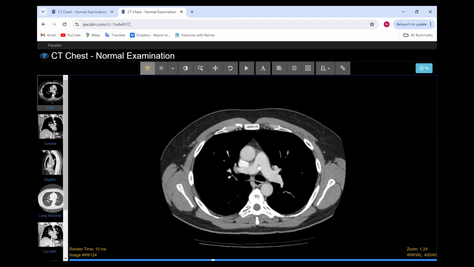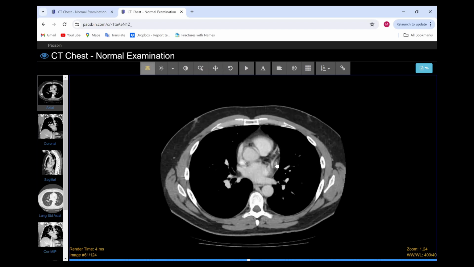At the level of the middle mediastinum, we have another vascular structure. This is called the pulmonary artery, and it contains the main pulmonary trunk, right main, and left main pulmonary artery. Then it is divided at this level into the upper and lower. We are looking in the pulmonary artery for any thrombus formation to suggest PE.